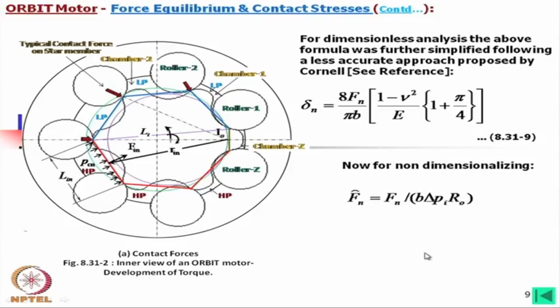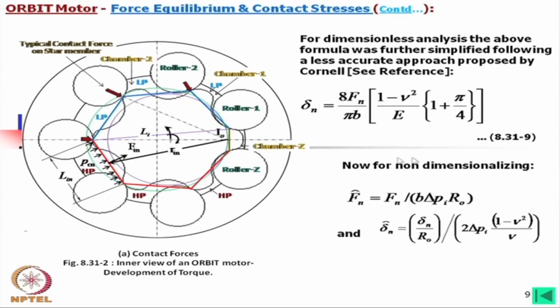That means, once we calculate these deformations or forces for a machine, considering this approach, then for actual pressure and actual width we can find out what will be the actual deformation or actual force.